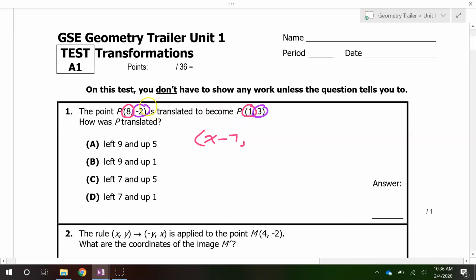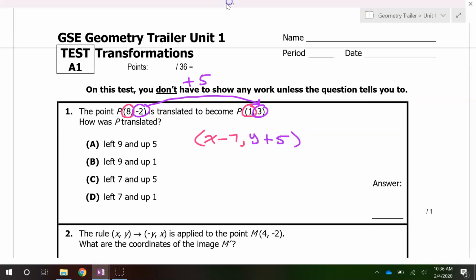That is an increase of 5, if you think about it. -2 plus 5 would be 3. So that means left 7 and up 5. And that is C.